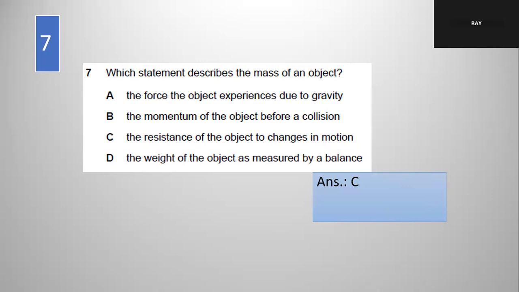It's just that we obtain it from Newton's first law. You cannot move unless you push it. So it's resistance of an object to changes in motion. Inertia. Okay, memorize. Lower form you define it as a quantity of matter. Sometimes they will accept it but it's better to follow the syllabus: resistance of an object to changes in motion.